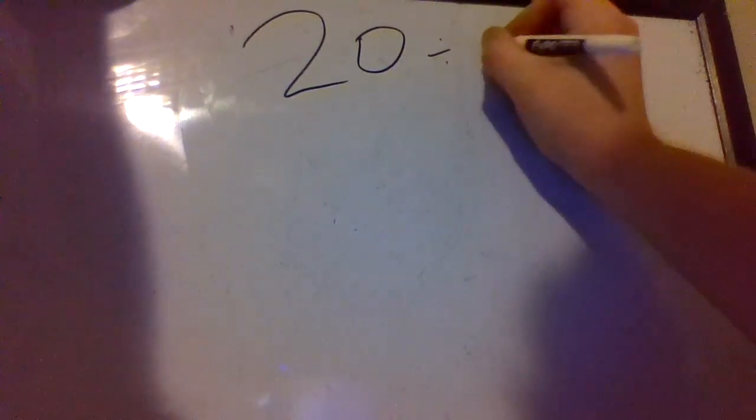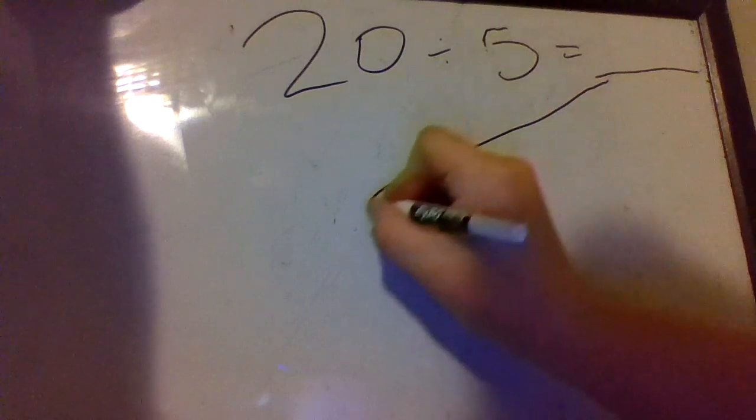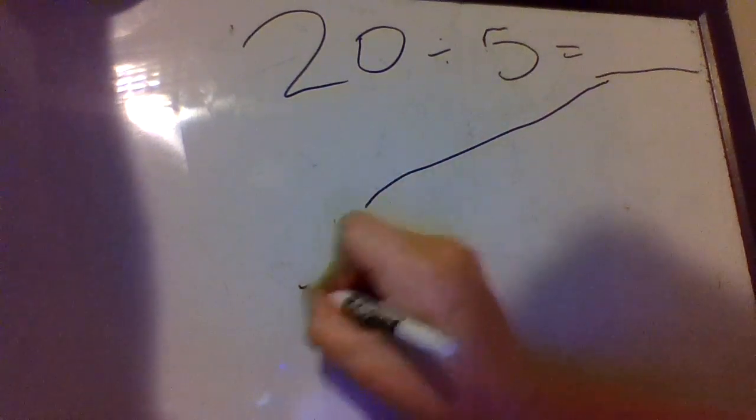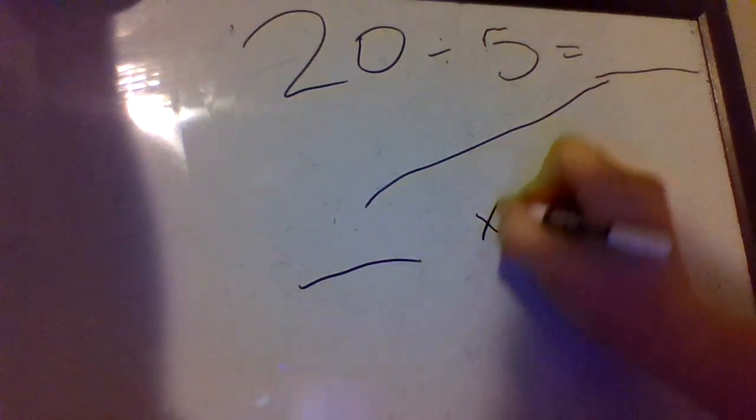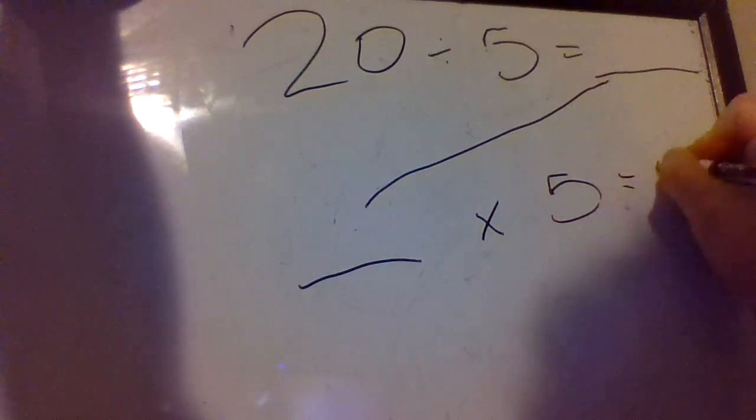We're going to divide that into 5 groups. Now what we're looking for is how many is in each group. So we can do it this way, or we can do it the fact family way. Blank times 5 equals 20.